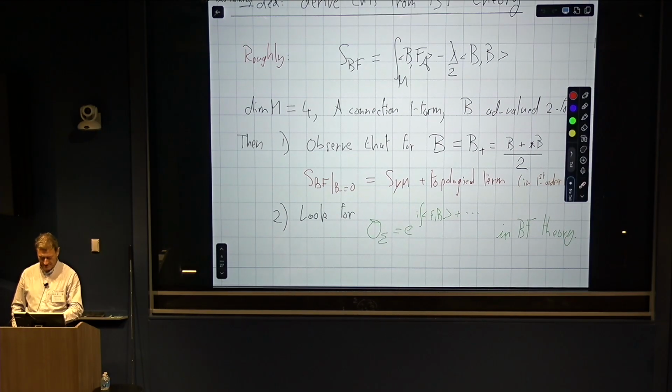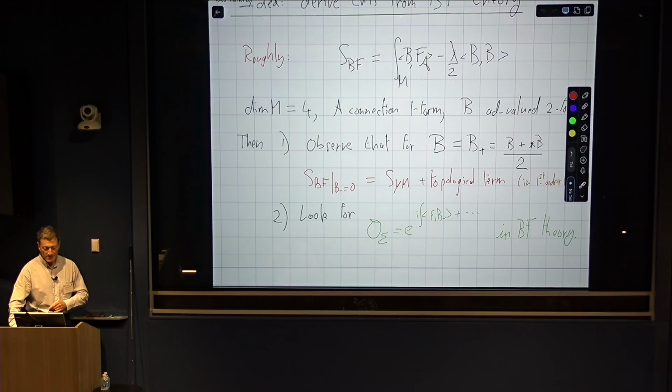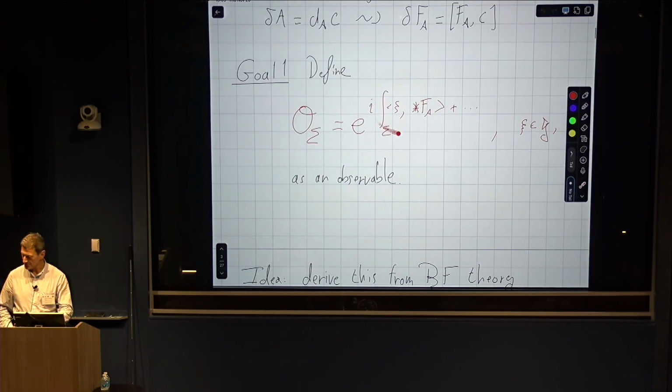And so somehow the guess here, since eventually we want to do something like this, is to start with several of this form in BF theory, where we just pair the B field with some Lie algebra element and correct in such a way that this is an observable for BF theory, so that when you make this substitution, here you will get the self-dual part of B, which under taking the Euler-Lagrange equation for this action will be the same as putting the self-dual part of the curvature, which is almost the same as considering this observable. Well, plus some other part in the curvature, and then, well, to tell you how to get rid of the other part.